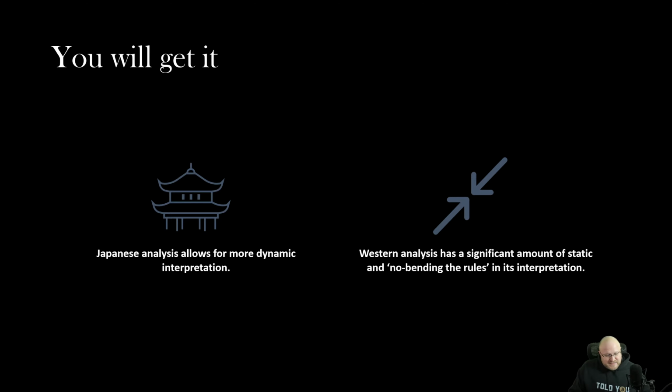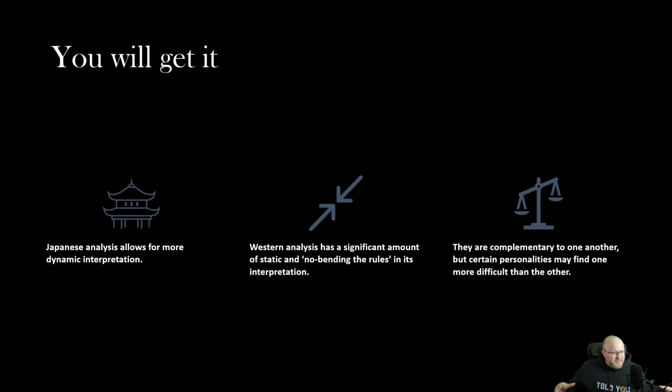A good example is Elliott wave theory, which has very strict rules, or Carney's harmonics. Sometimes they call them Gartley harmonics, but really Scott Carney is the guy who discovered most of them. Carney's harmonics have a very strict rule set. But that doesn't mean they don't work together. Japanese and Western analysis complement one another very well.